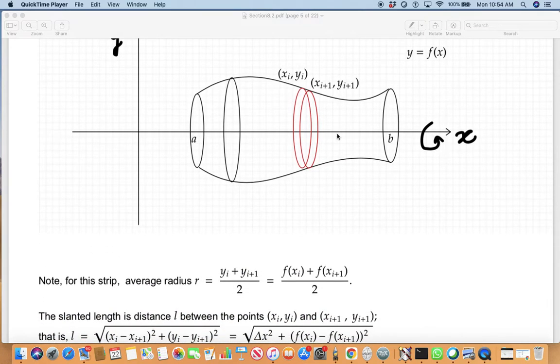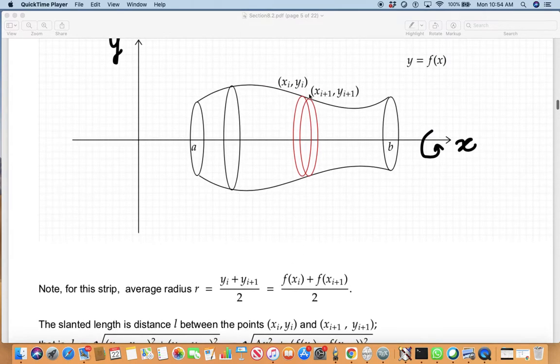Now, for each strip, let's consider the average radius. One radius will be the y coordinate here, that is yi+1. The other radius will be the y coordinate out here, that is yi. So the average of the two is r. r is (f(xi) + f(xi+1)) over 2.